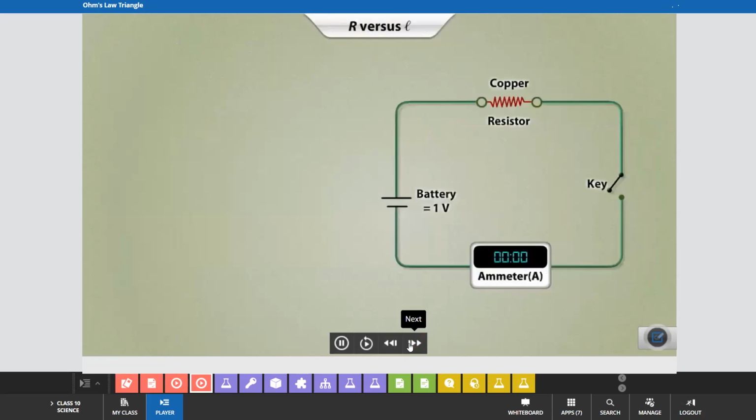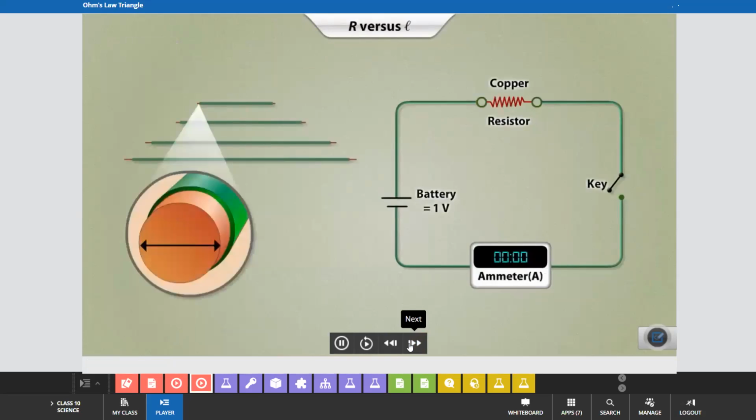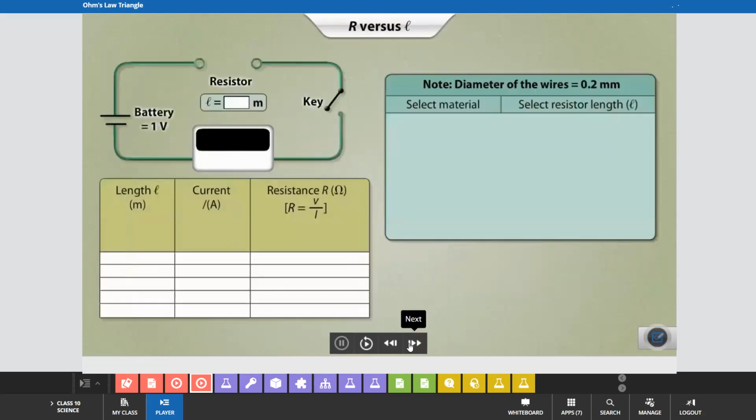First, let's see how the resistance of a wire changes with its length. For this experiment, the diameter of the wire will remain constant at 0.2 millimeters. First, select the material of the wire.